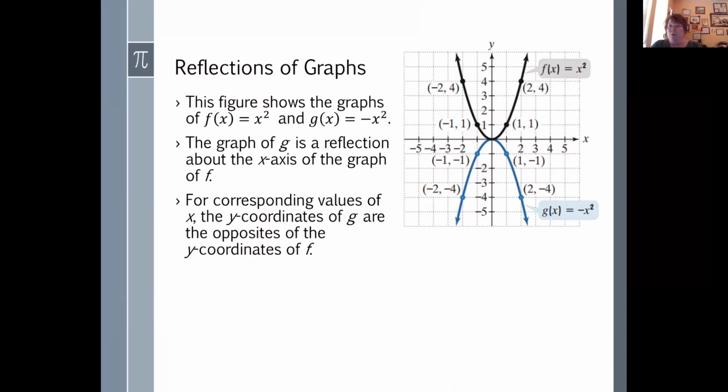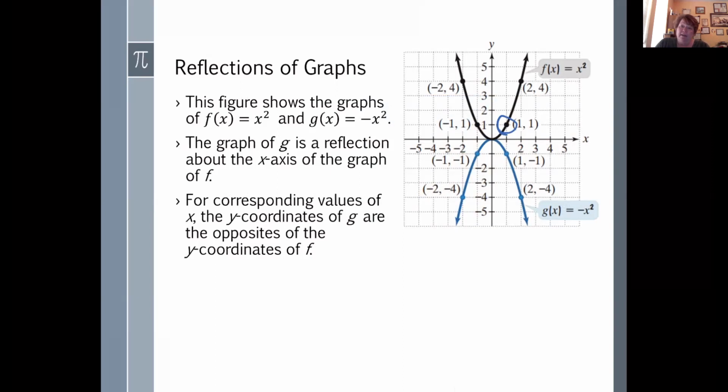So what happens when we do that, when we multiply the function by a negative? The function f of x equals x squared goes through 1, 1. If we multiply that function by negative 1, we take each y value, each output, and we multiply it by negative 1.